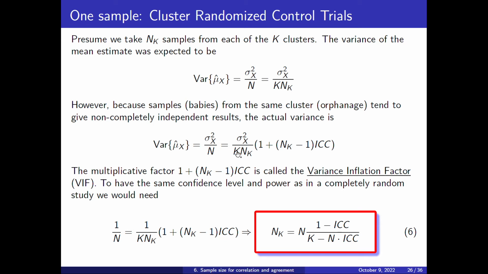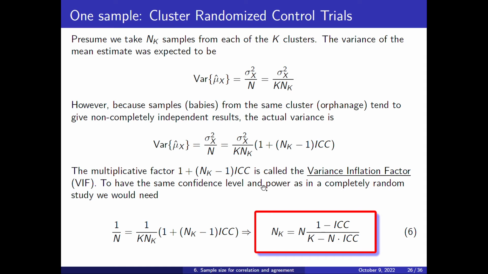So from every measurement that we take from one of these K clusters, we don't get a totally independent measurement. So we get a little bit less. How to encode that? We can multiply this variance by a factor that is larger than 1, and that is called the variance inflation factor.